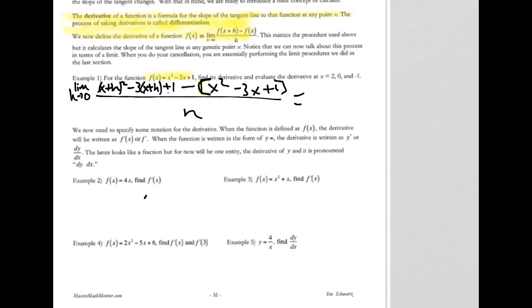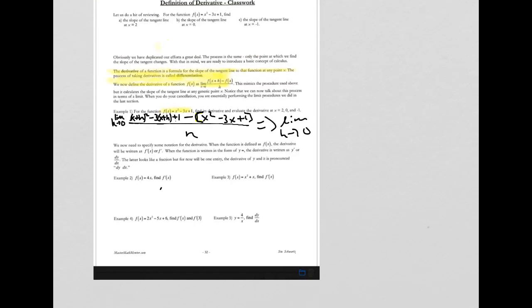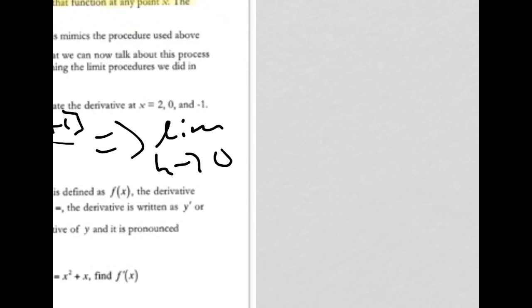So if I FOIL, I've still got the limit as h approaches 0. If I FOIL that part, x plus h, if I FOIL that out, I get x squared plus 2xh plus h squared.